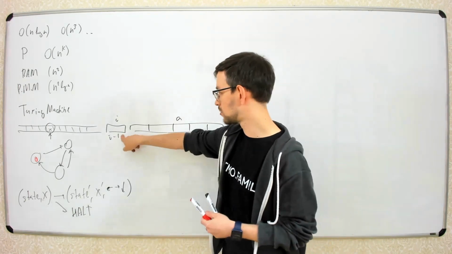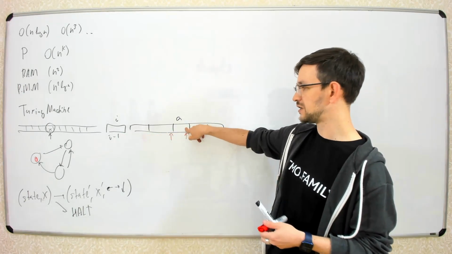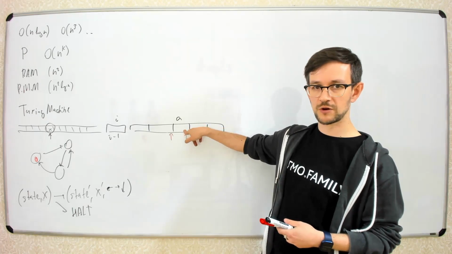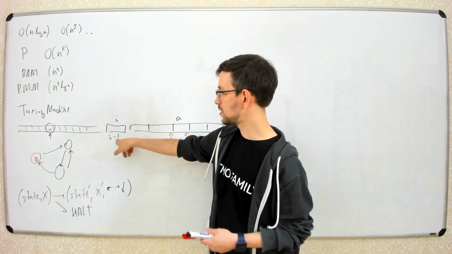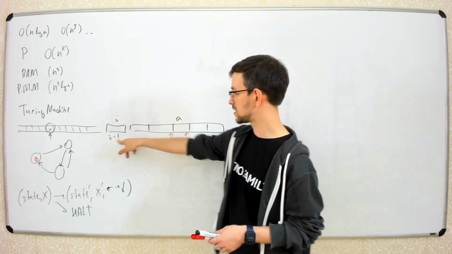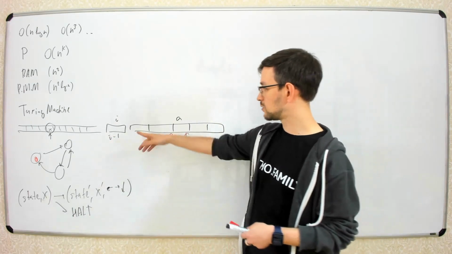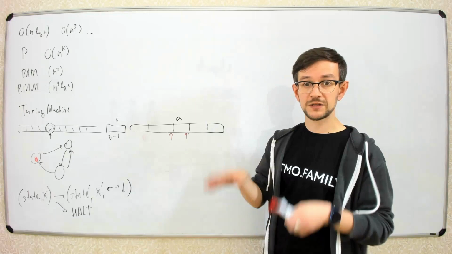When I is 0, it means your separator is in the position you need in array A. So you move here, decrease, move here, decrease, move here. The time complexity will be like n squared, but it's still polynomial.